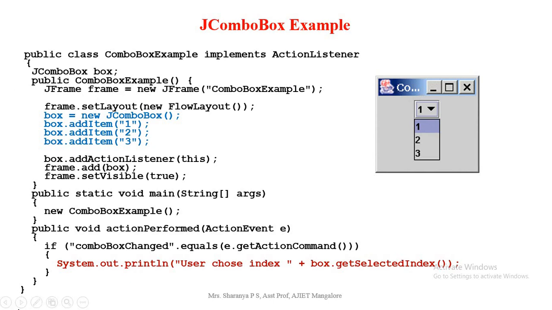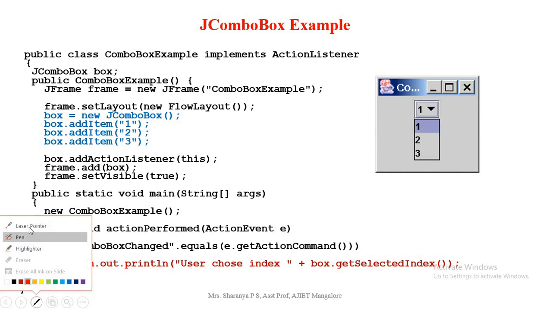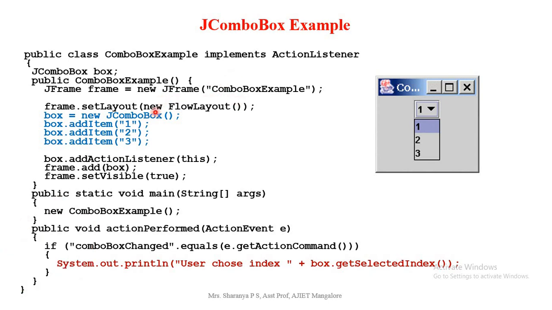Next, we are using the frame layout, flow layout, so we have set the layout for how it needs to be displayed. We have created the JComboBox without passing any initial string values or array of elements to be added onto the combo box, which is done dynamically.